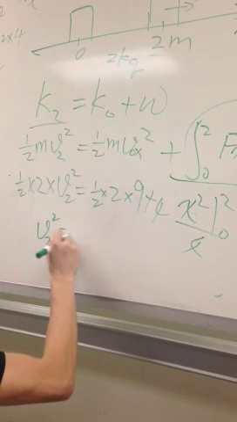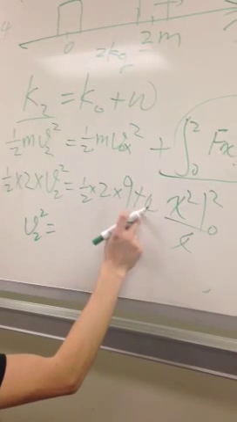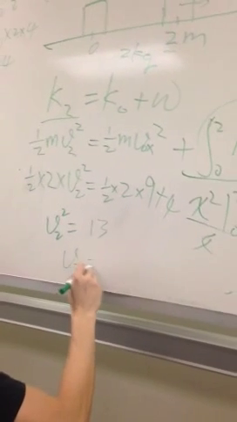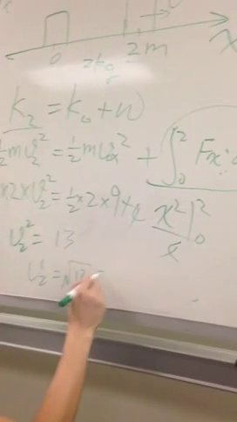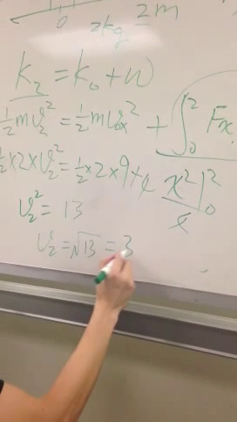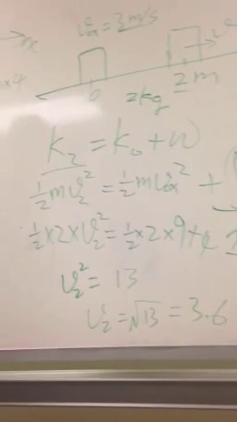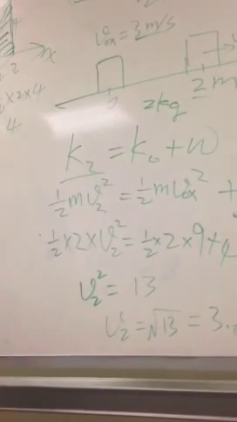So the velocity squared is equal to 9 plus 4, which is 13. The square root of 13, if you calculate, is around 3.6. So this question's answer is B. Okay.